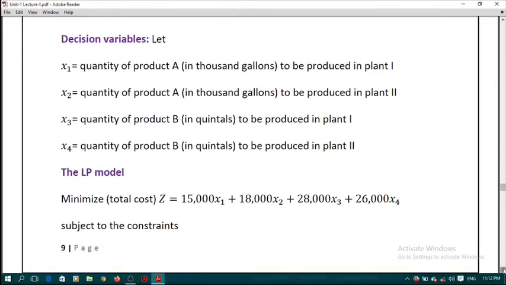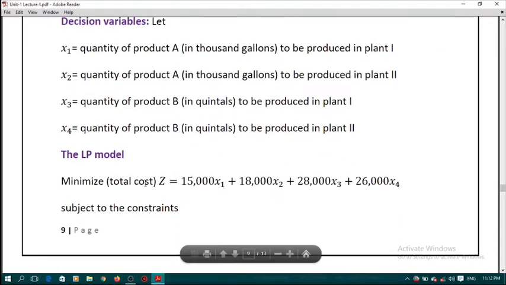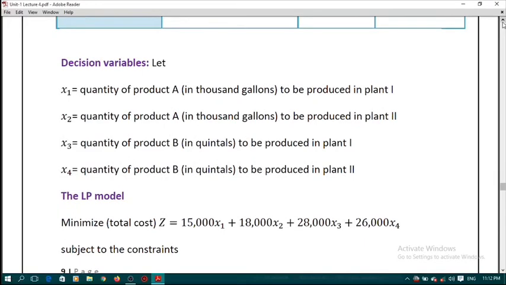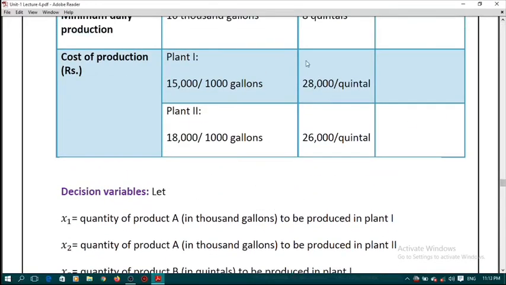So the LP model is to minimize total cost. Capital Z is equal to 15,000 into x1 plus 18,000 into x2 plus 28,000 into x3 plus 26,000 into x4. You can see in the table, we use this to form the objective function.